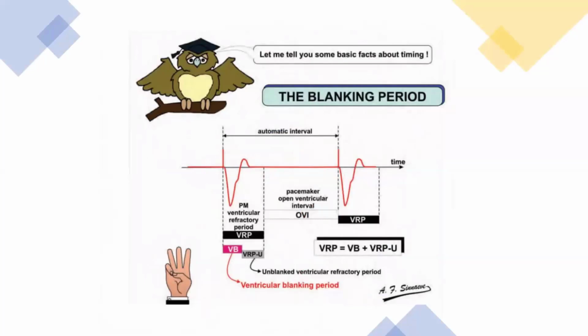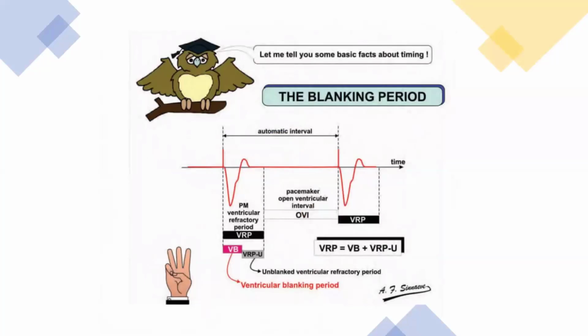There is a further concept. It's a little bit more difficult, but it's not that difficult: this refractory period is divided into two intervals. The first part is called the blanking period. The pacemaker is completely blind. It doesn't see anything at all. And in the remainder of the refractory period, the pacemaker is able to see, but it ignores.